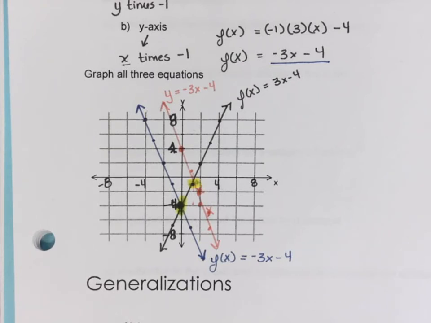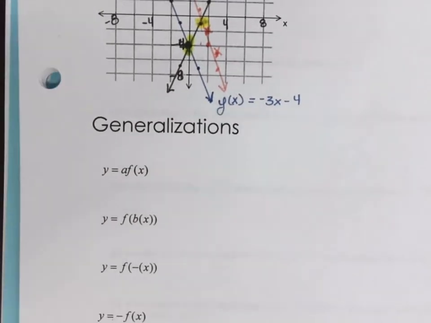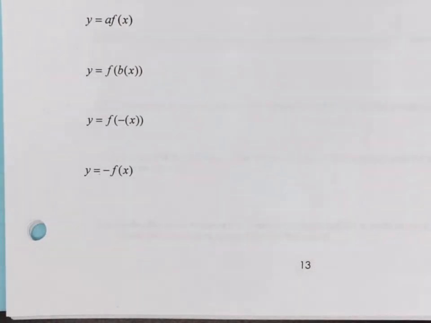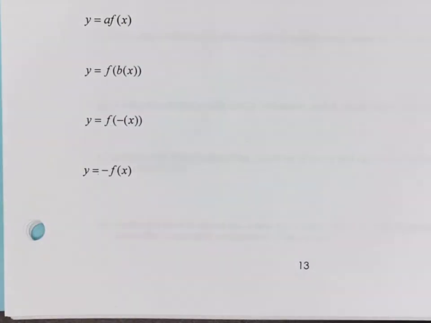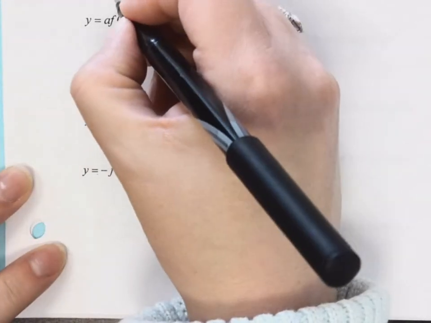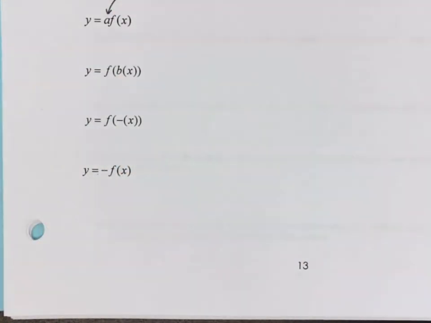Okay, so we're going to make some generalizations. We're going to make some statements, mathematical truths. All right, if you have a number outside the f of x, what does that do? If the a is a number, if that was 3, what would you do? Times the y values by 3. What does that give you?